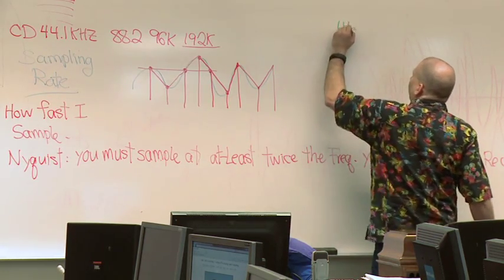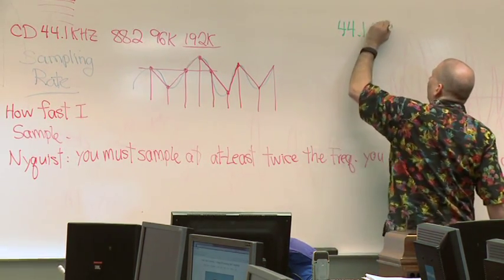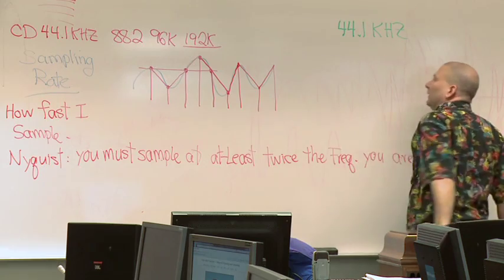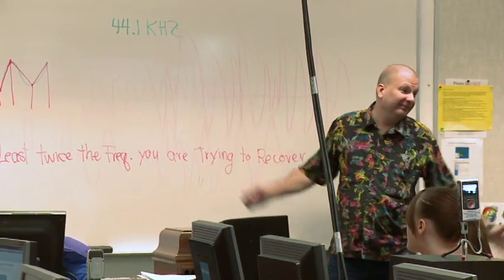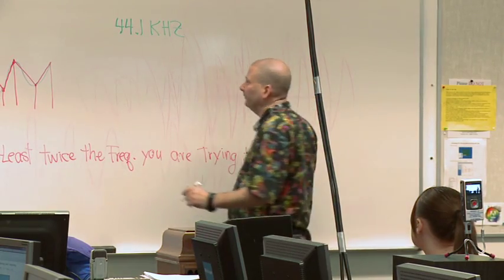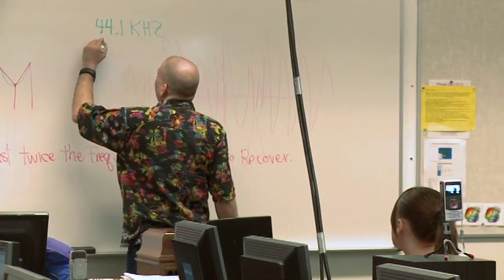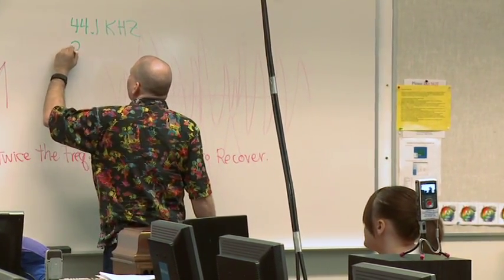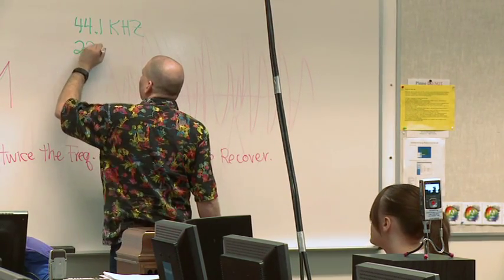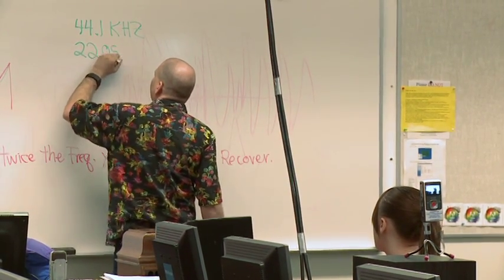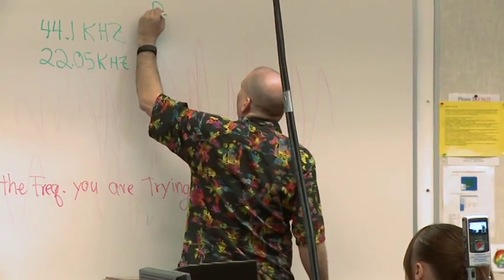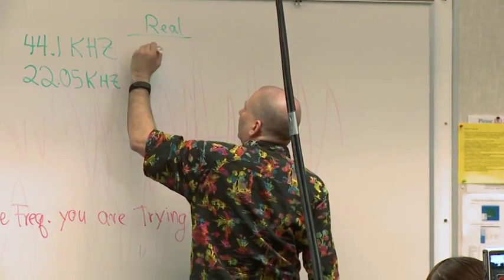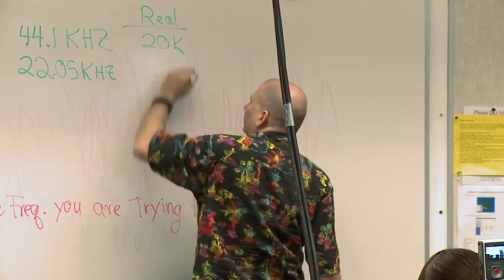The first one, I came right off the CD at 44.1 kilohertz. And it sounds, well, CD quality. That's where that comes from. The next one I'm going to sample is at 22 kilohertz, 22.05. Okay? In the real world, this means 20K is reproduced.